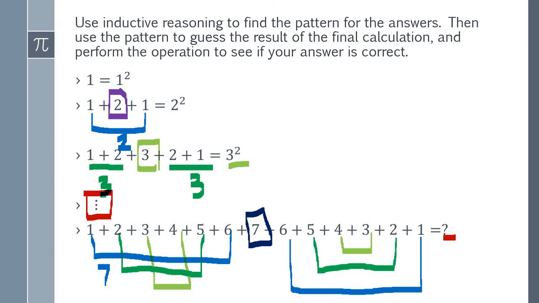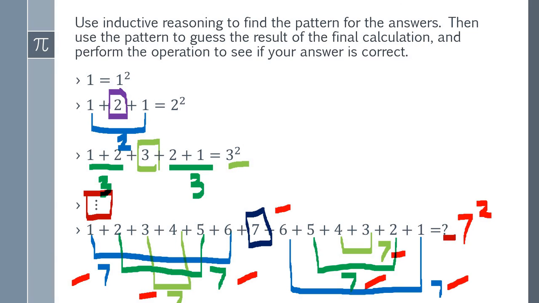That's 7. This is 7. That's 7. And that is 7. And that is 7. So how many sevens do we have? 1, 2, 3, 4, 5, 6, 7. So there are 7 sevens, which gives us 7 squared. 7 times 7, or 7 plus 7 plus 7 plus 7 plus 7 plus 7 plus 7.